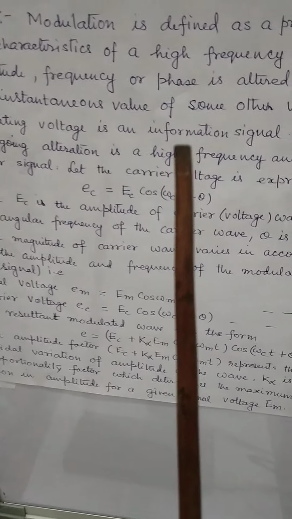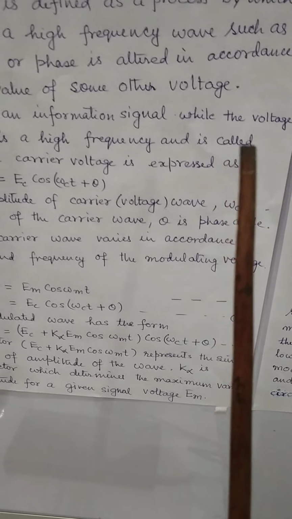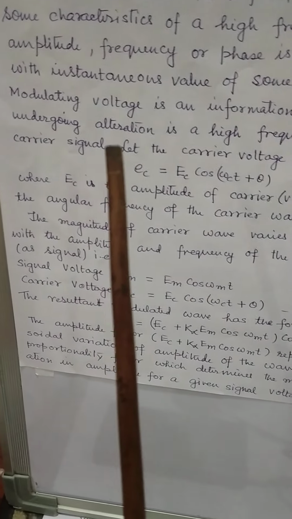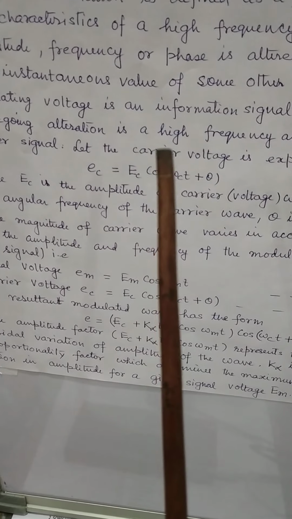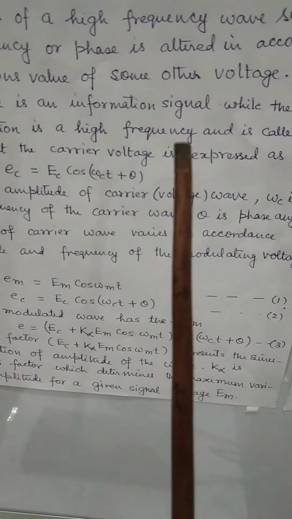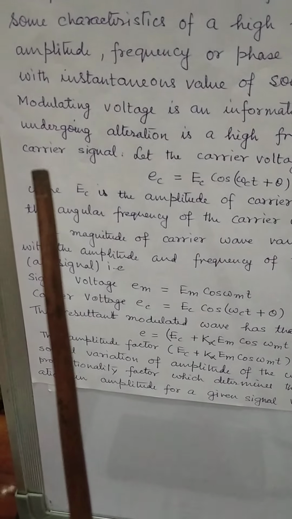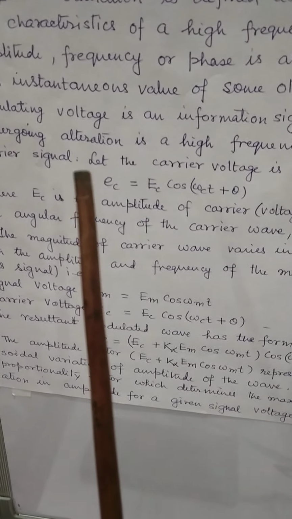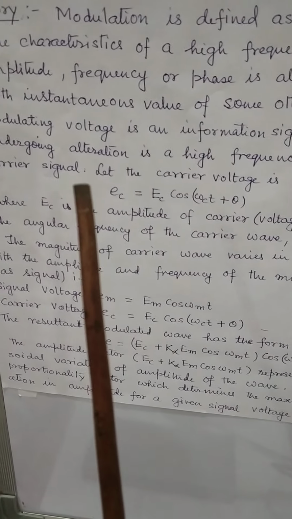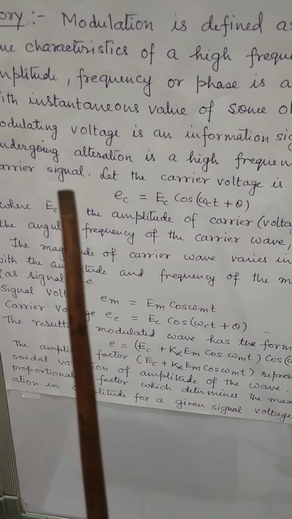The modulating voltage is an information signal, while the voltage undergoing alteration is a high frequency and is called the carrier signal. Now we will discuss amplitude modulation.